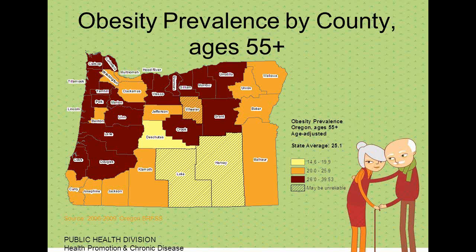The increase in the aging population is colliding with the epidemic of obesity, and failure to address the problem of obesity in older adults may even erode some of the gains made in life expectancy in the last century. Now, if you're done looking at this, I'll go ahead and move forward. Very interesting.